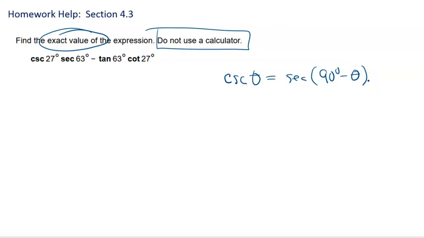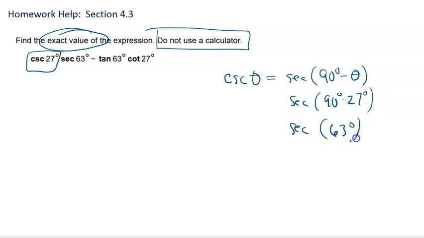Sine and cosine work this way, tangent and cotangent work this way, secant and cosecant work this way. So I'm going to replace my cosecant. Cosecant of 27 degrees is equal to secant of 90 minus 27 degrees, which is, how convenient, secant of 63 degrees. See how this works?